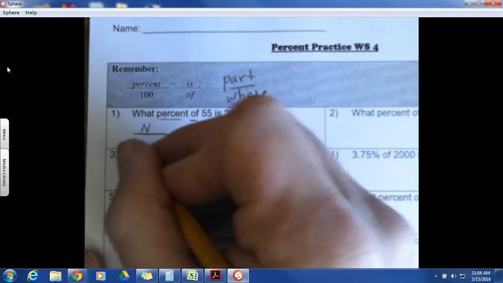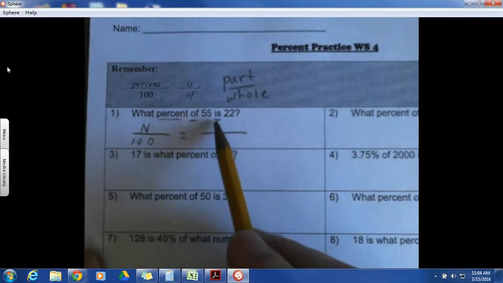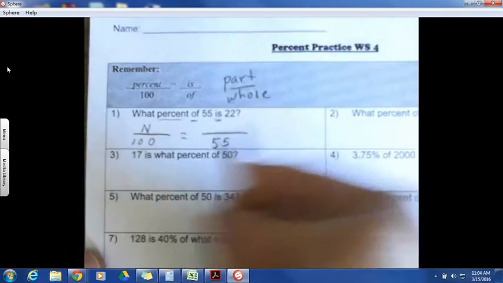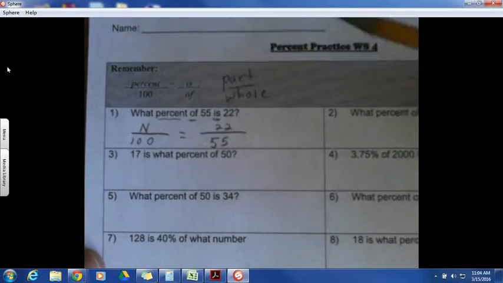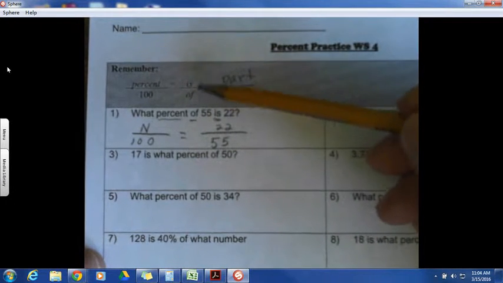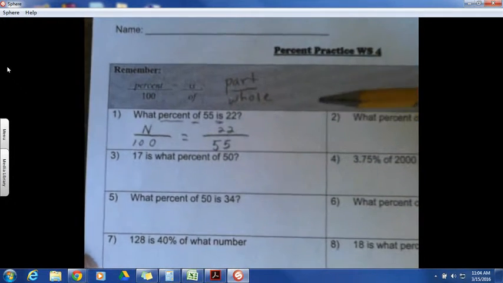And 100 on the bottom. And it says what percent of 55, so the of goes on the bottom, so 55, is 22. 22 goes on top. So again, I use that percent over 100 equals is over of cheat sheet model to fill in my numbers down here for my proportion.